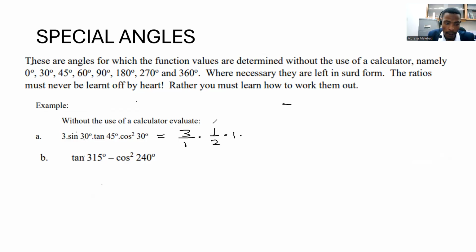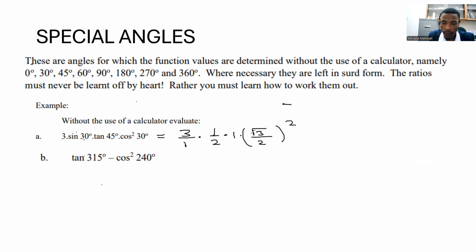And then we can say cos squared 30. The cos of 30 is root 3 over 2, but we still have the square. So you can have something like that.